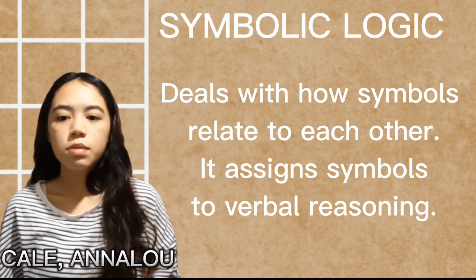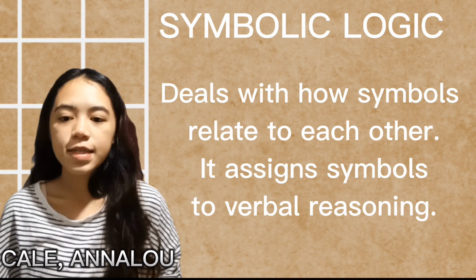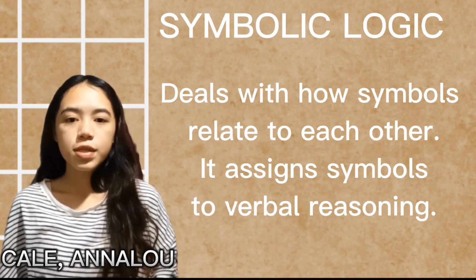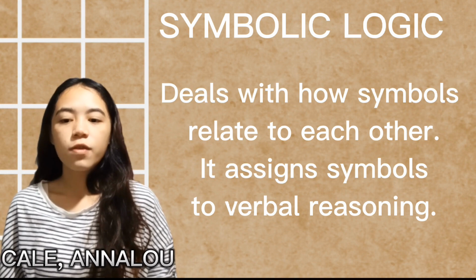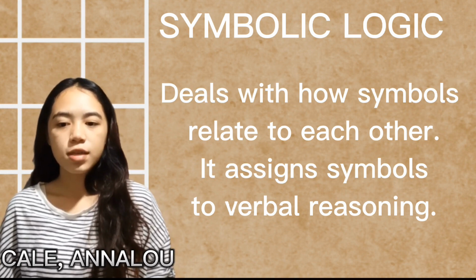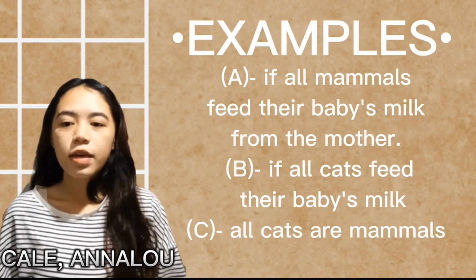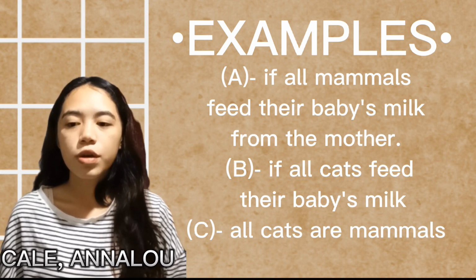And the next example is symbolic logic, which deals with how symbols relate to each other. It assigns symbols to verbal reasoning in order to be able to check the veracity of a statement through a mathematical process. Example, proposition A: all mammals feed their babies milk from the mother.